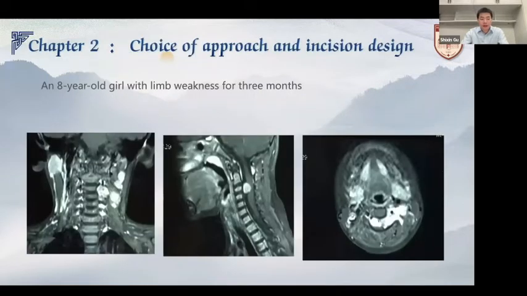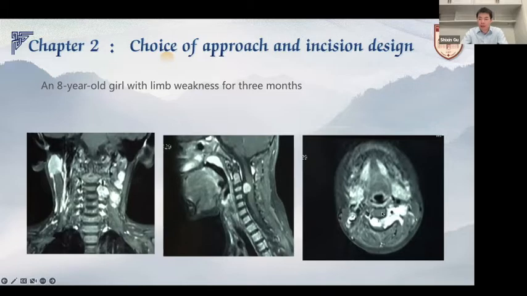First, let's talk about the choice of surgical approach and incision design. Let's look at a case first. This is an 8-year-old girl. We diagnosed a schwannoma inside and outside the spinal canal before surgery. We can see that the part of the tumor in the spinal canal has compressed the spinal cord, and the spinal cord is basically invisible.